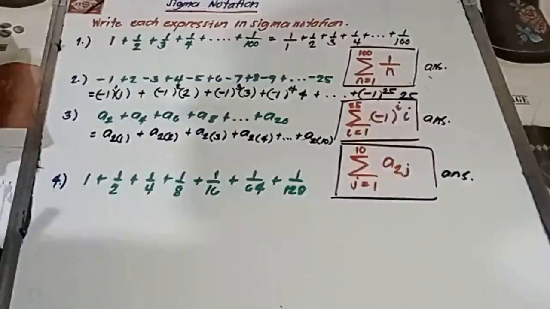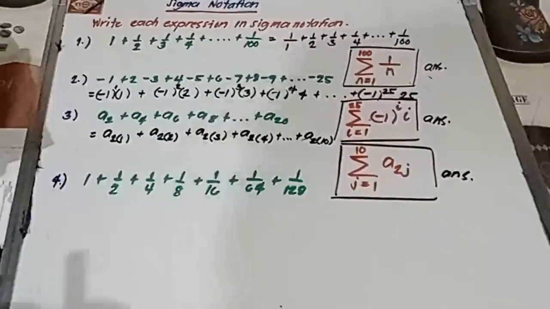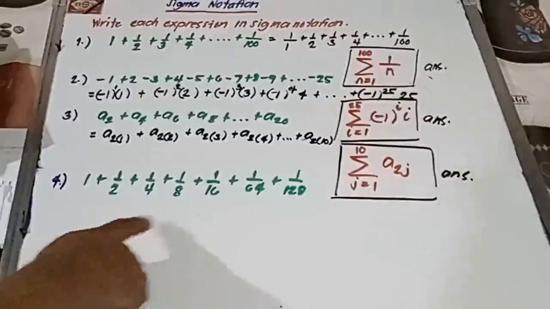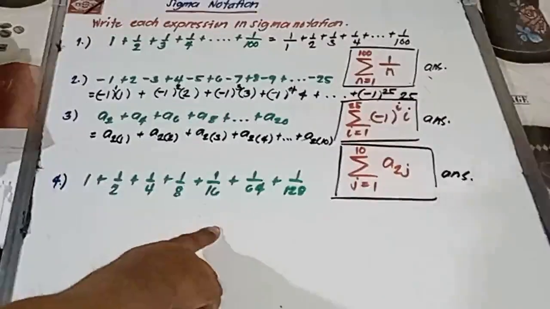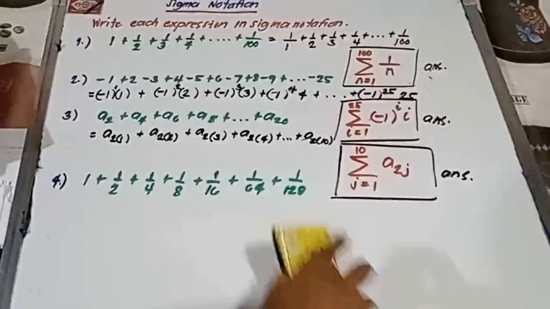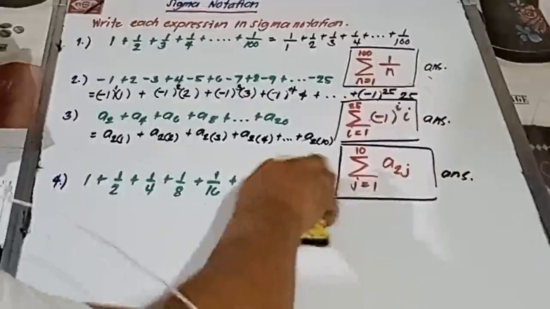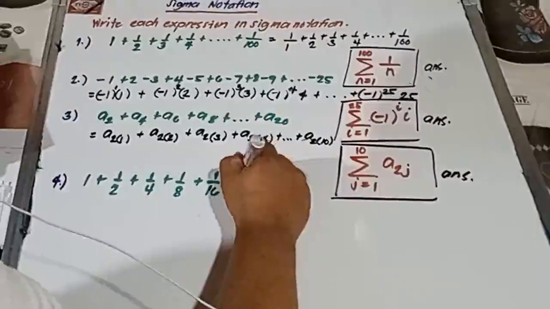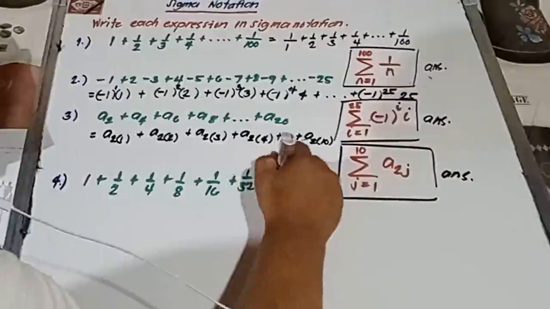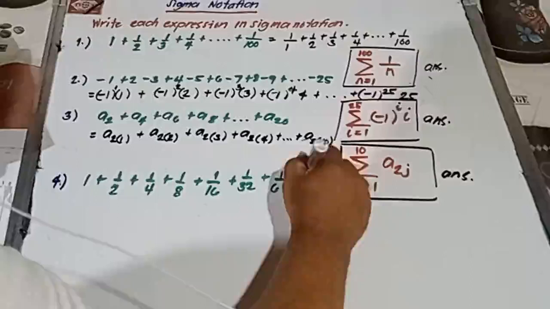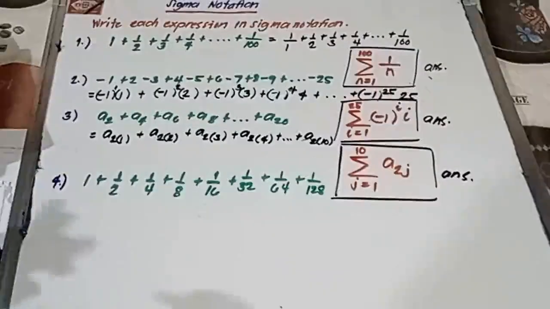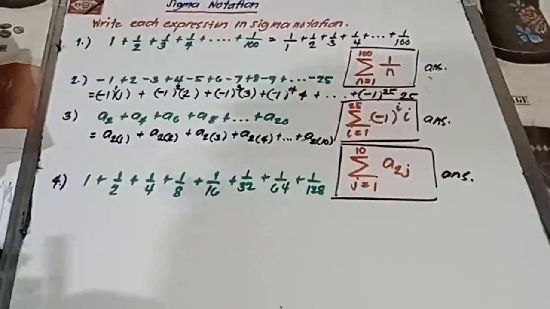Okay. Next and last example natin. We have 1 plus 1 half plus 1 fourth plus 1 over 8 plus 1 over 16 plus 1 over 32, 1 over 64, and 1 over 128. Okay. So, tingnan muna natin yung pattern niya.